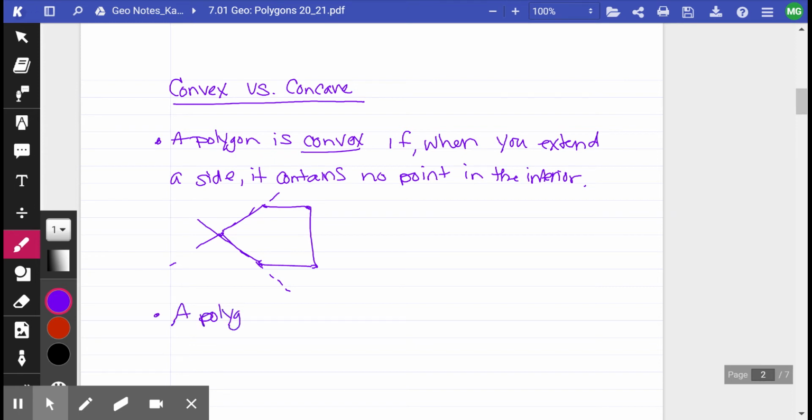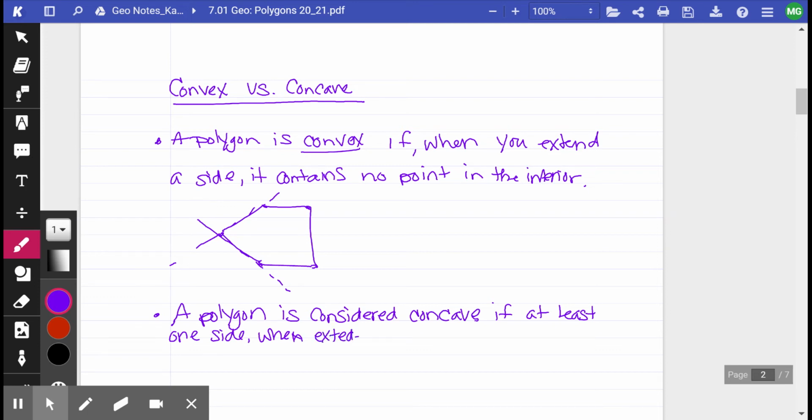A polygon is considered concave, so not convex, if at least one side, so only it has to be one of them, when extended, cuts through the interior of that shape.